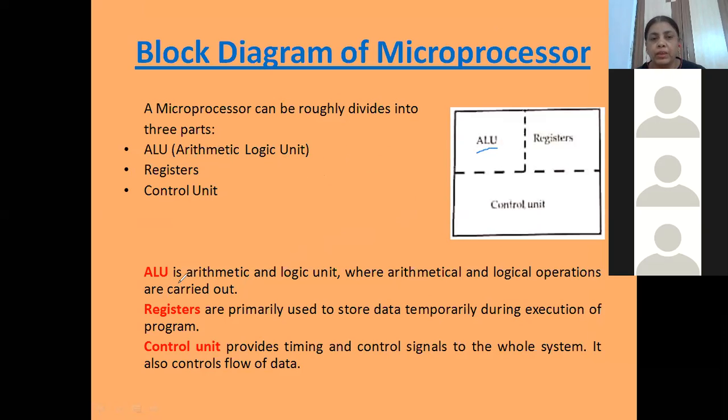So what do you mean by arithmetic over here, and what do you mean by logic unit? Arithmetic means all arithmetic operations. You know all arithmetic operations: addition, subtraction, multiplication, division, increment, decrement. All those operations are performed by arithmetic.